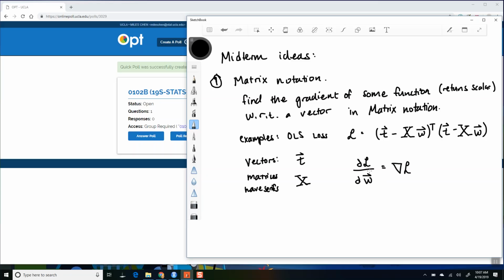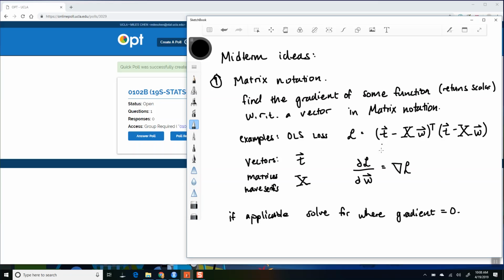And then find the gradient, and also, if applicable, solve for where the gradient equals 0, right?